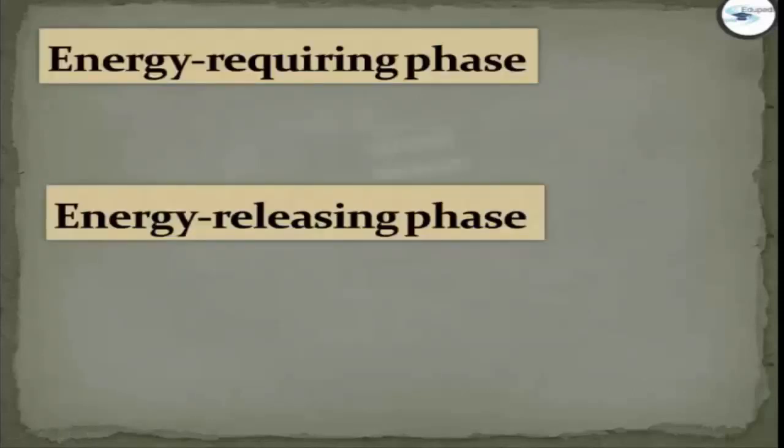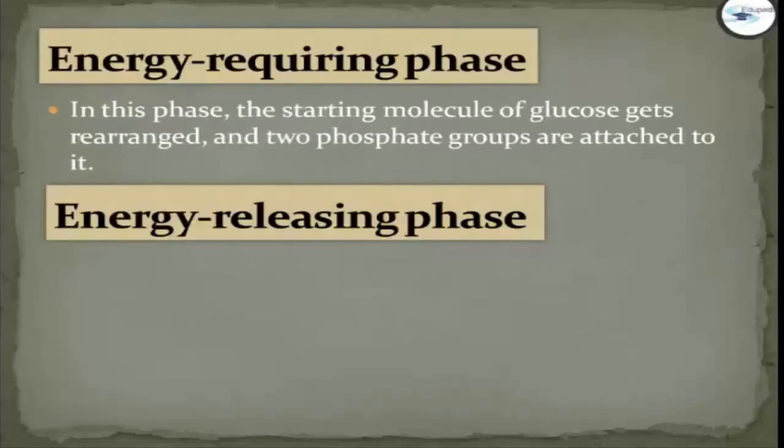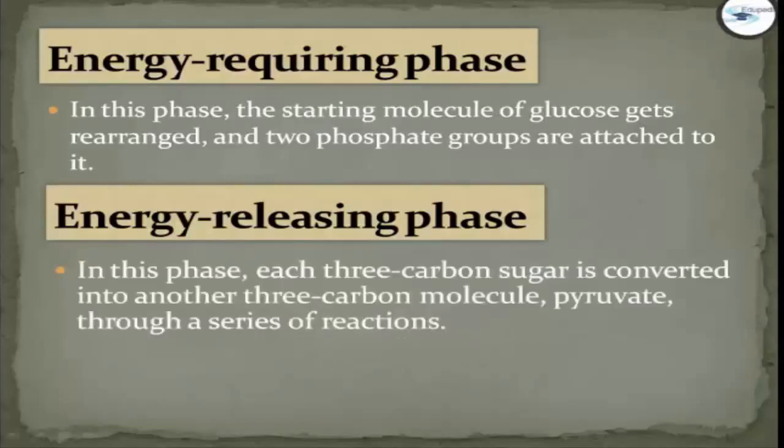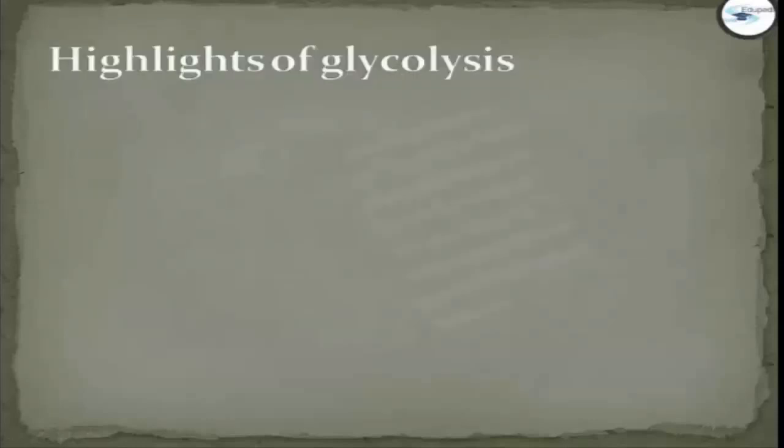Energy requiring phase: in this phase, the starting molecule of glucose gets rearranged, and two phosphate groups are attached to it. In the second phase, the energy releasing phase, each 3-carbon sugar is converted into another 3-carbon molecule, pyruvate, through a series of reactions.